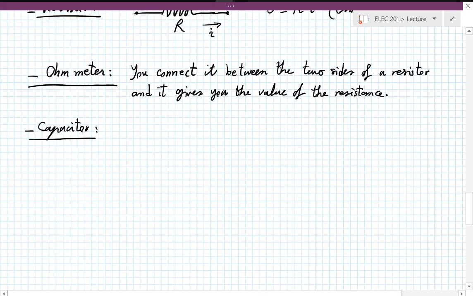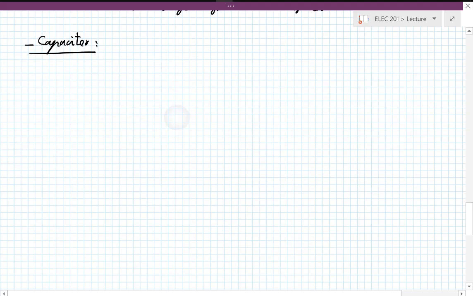So again, to define the voltage and current, if this is I and this is V, I equals C dV by dt.